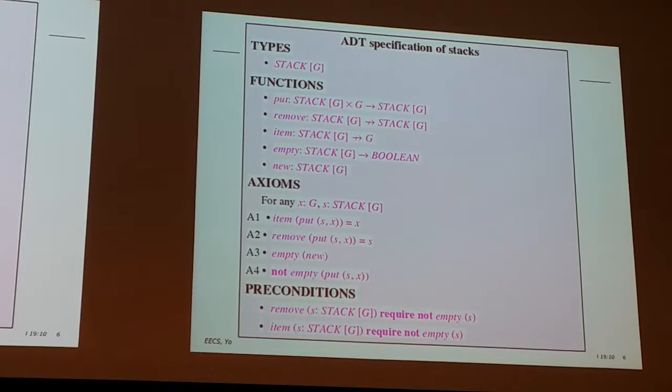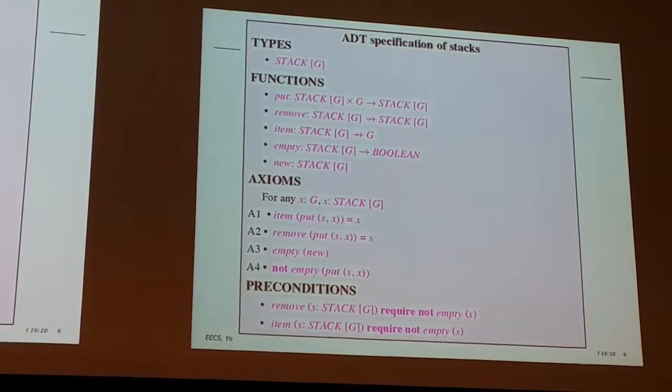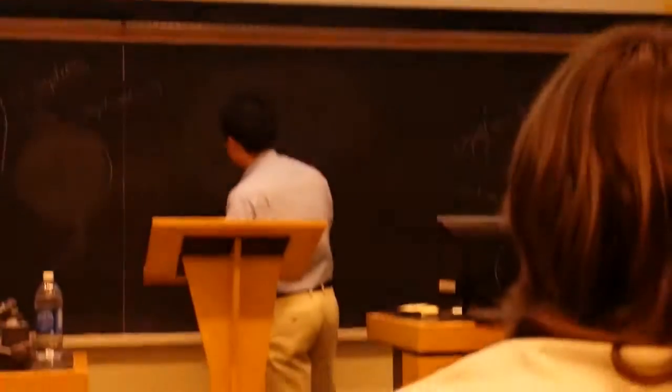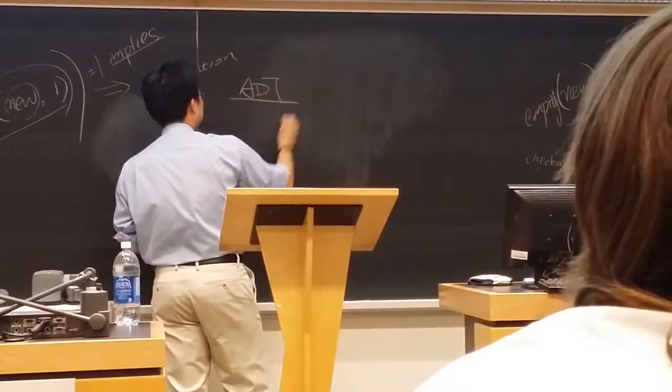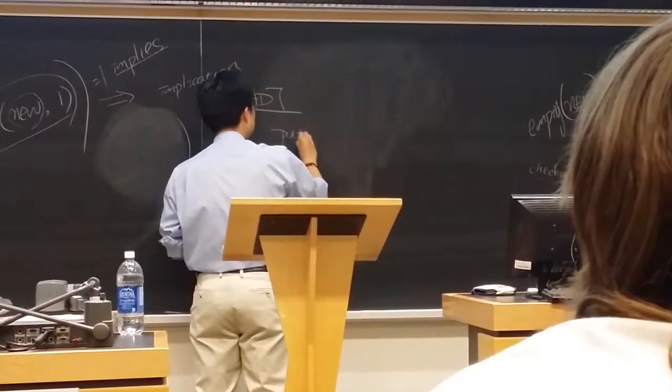So in object orientation, the idea of encapsulation is we try to organize all the attributes that are relevant to the stack into a stack class so that we can use a dot notation. So we actually made a comparison. In the ADT notation here, we have put.